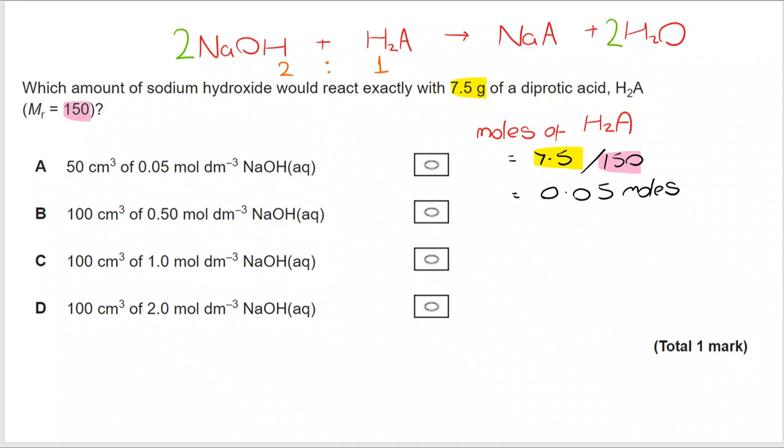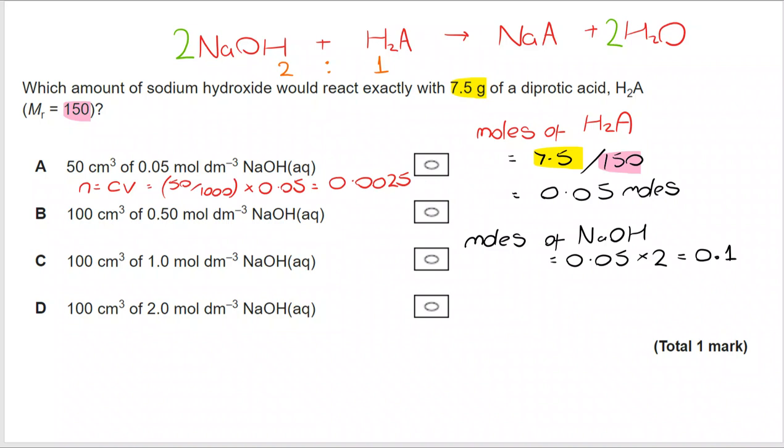We know that 1 mole of H2A reacts with 2 moles of NaOH. So we now know that we started with double that 0.05. We had 0.1 moles of NaOH.